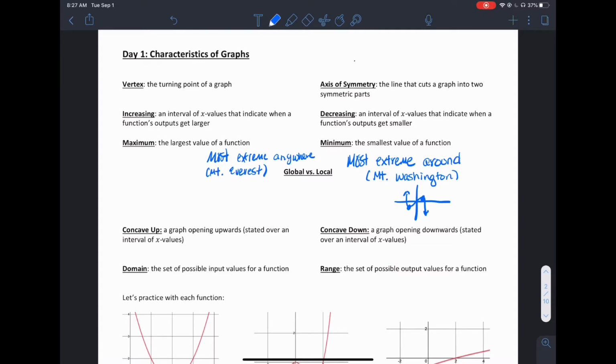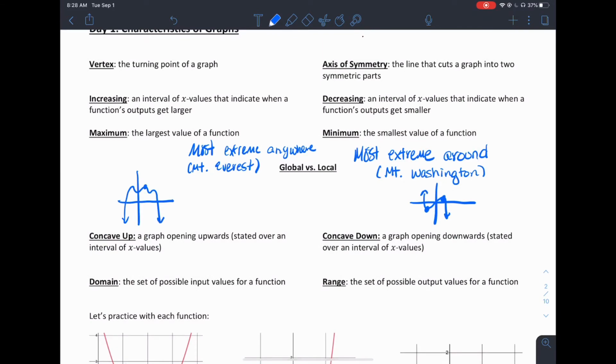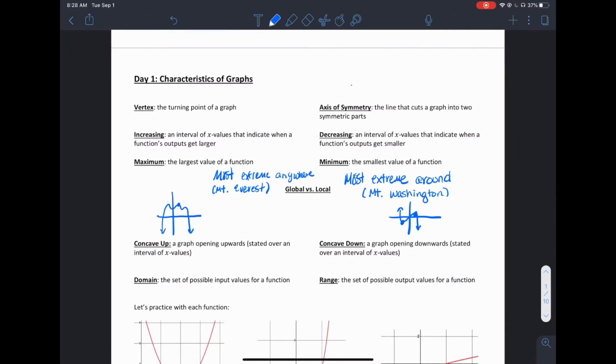Whereas a global maximum or minimum would do something like this, and this might be the highest point. And we can have some local mins in there and some local maxes, but it's not the global. That's our global.